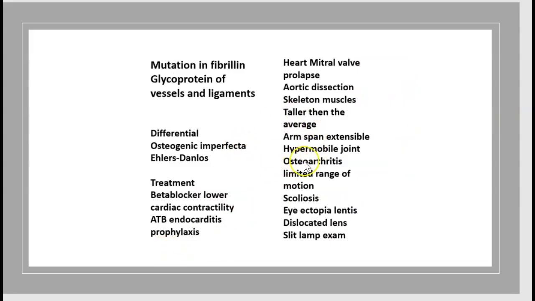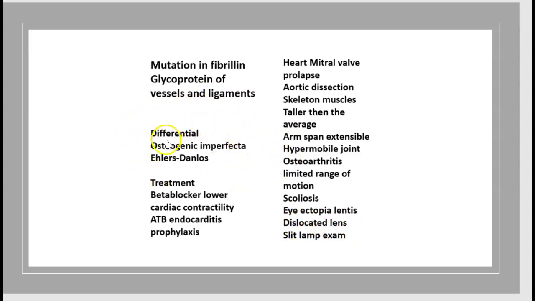We will see symptoms one after the other: heart mitral valve prolapse, aortic dissection, skeletal muscles, arm span, osteoarthritis, scoliosis, ectopia lentis, and slit lamp exam.